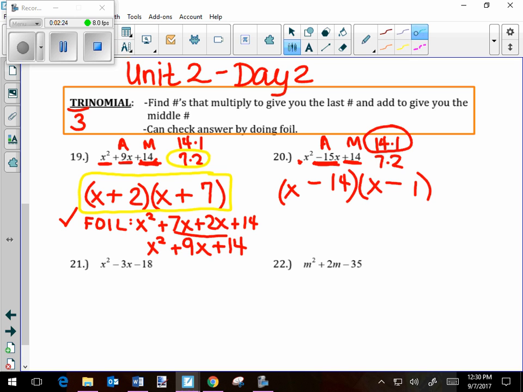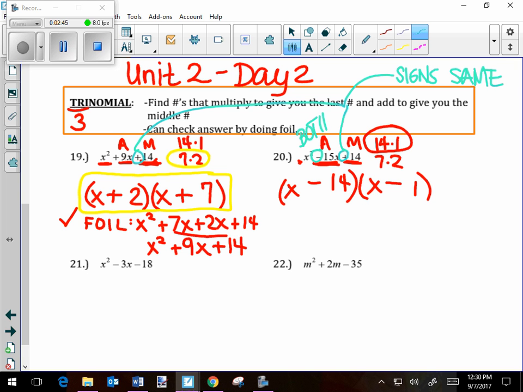In problems like the two that we have just worked on, if you have a plus sign in front of the last number, that means that the signs in your parentheses are the same. The other sign tells you what they both are.